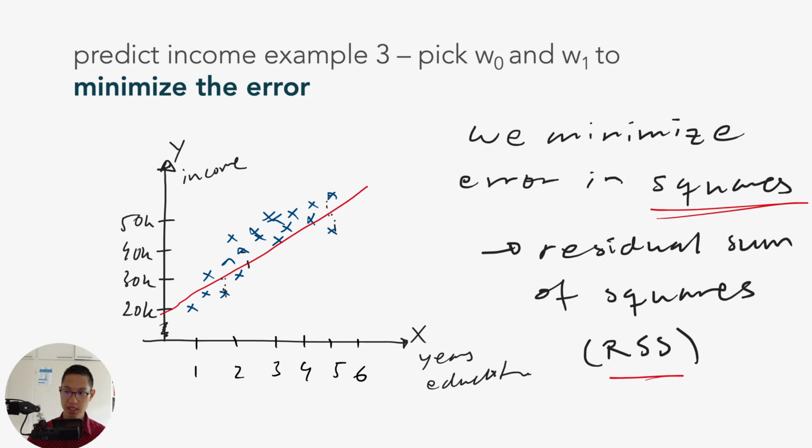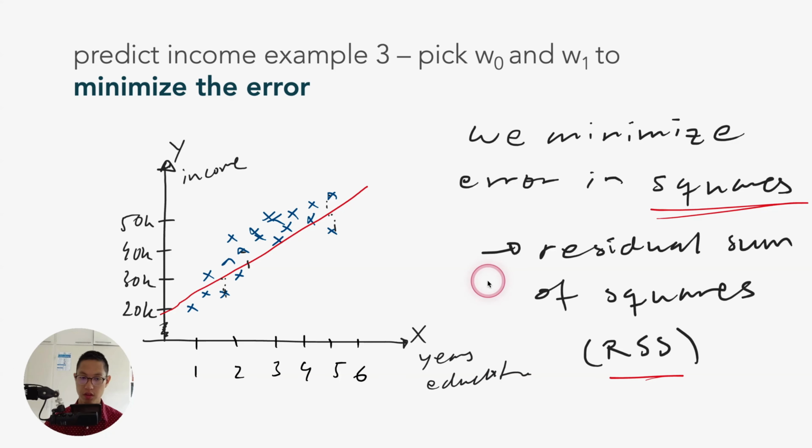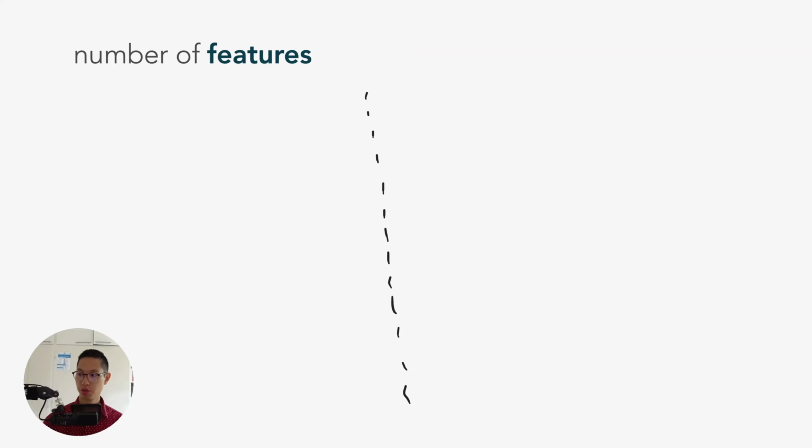And then these errors are squared, because if you don't square it, it will just be 0. You minimize the residual sum of squares to find this line. Basically what this means is we find a line that gets the least amount of error. That is the idea. Okay, and let's move on to the number of features.